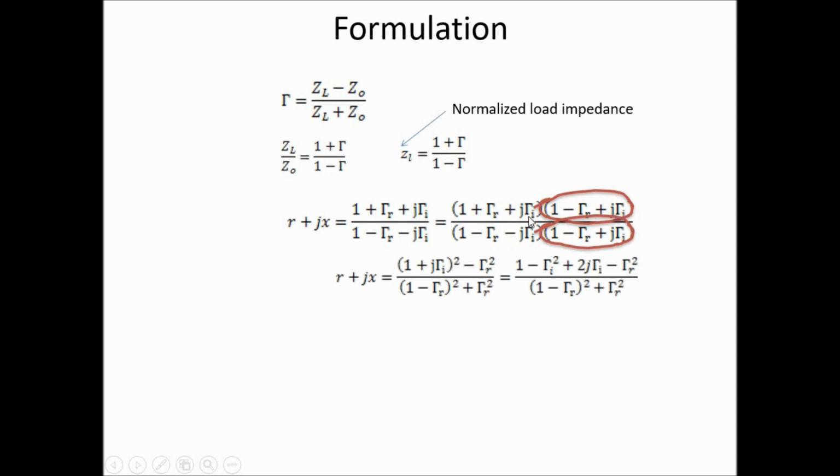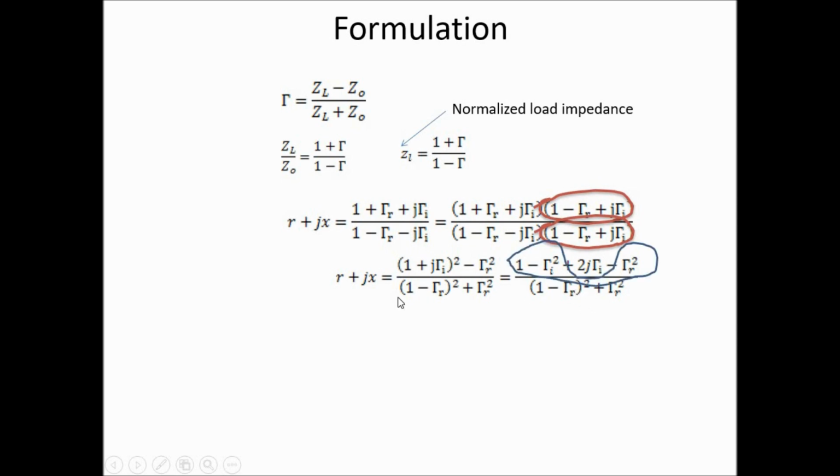Once you multiply this, you can rewrite it as 1 minus gamma R squared minus gamma I squared over 1 minus gamma R squared plus gamma I squared. Then you simplify this and you come up with this expression.